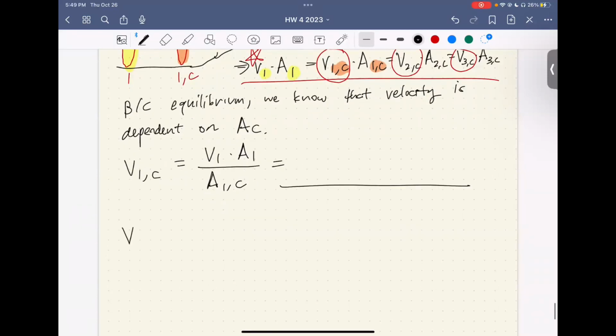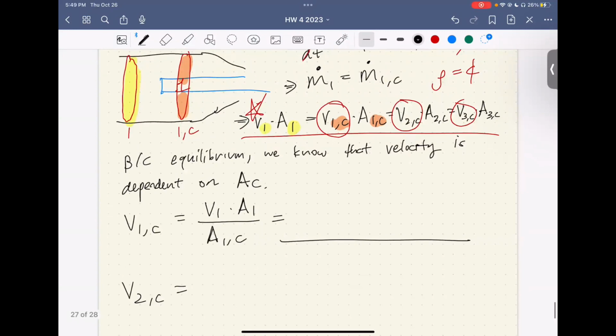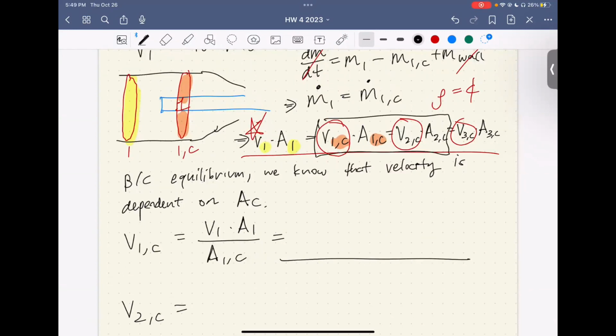Similarly, we're going to also say what is V2C and what is V3C. And again, you can relate it stepwise like this. You can relate it like this, right? But also you can relate these two together because of equality. That makes sense because of conservation of mass. I'm going to reiterate this point one more time.